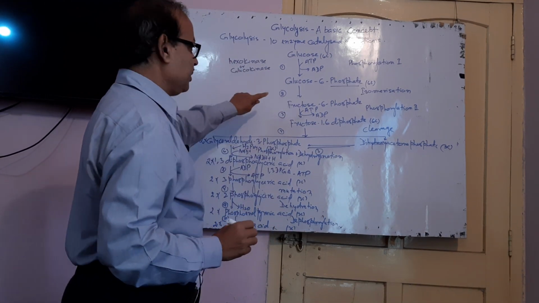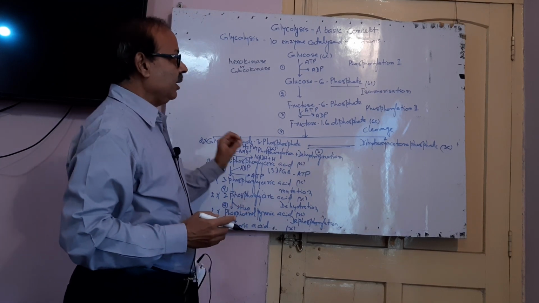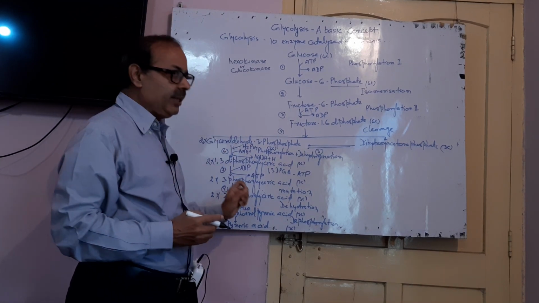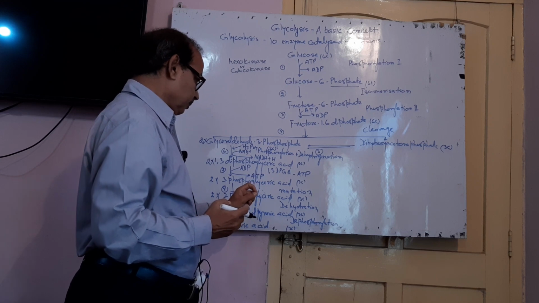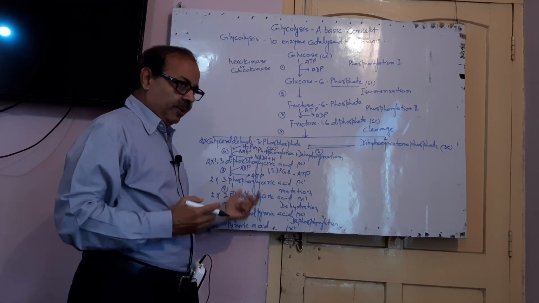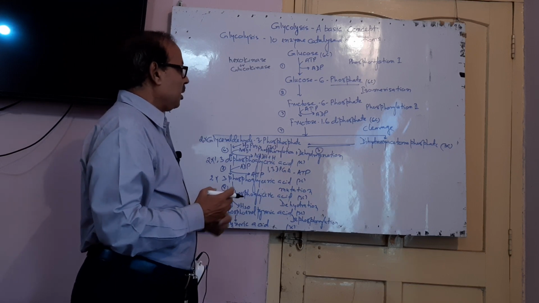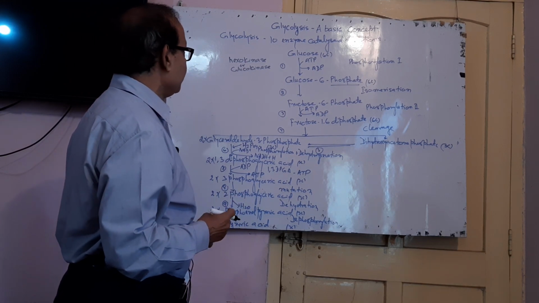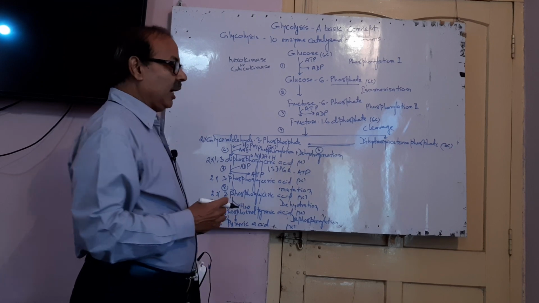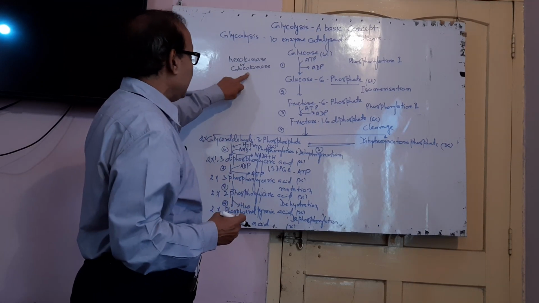There are 4 steps in glycolysis in which either ATPs are produced or broken down, and all these reactions are catalyzed by enzymes having the suffix kinase.